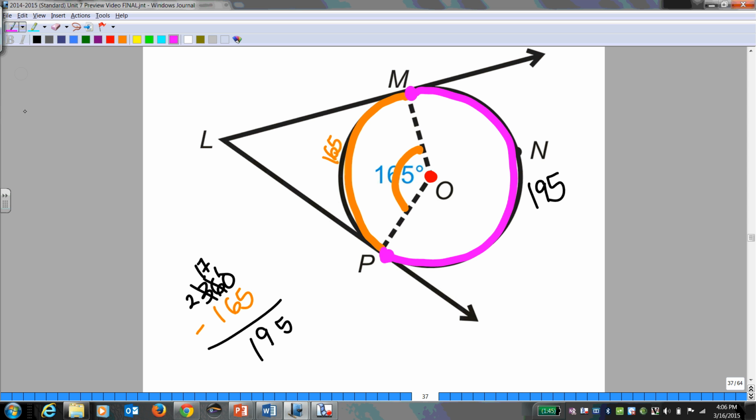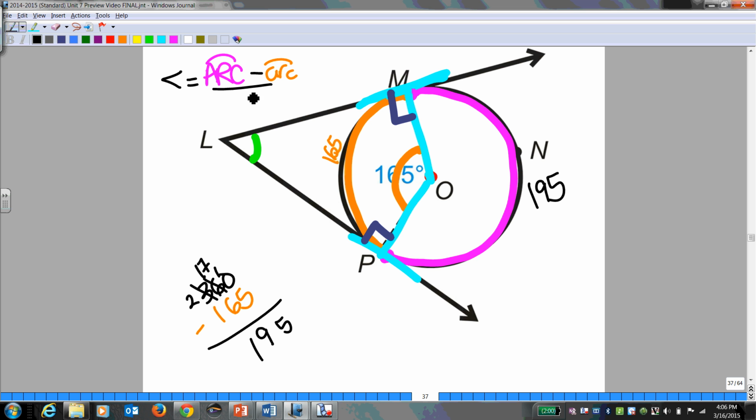And then we have here, if tangent to a radius, right angle at the edge. So you had right angles both here and here. And then this angle is a tan angle. And that angle equals big arc minus little arc over 2.